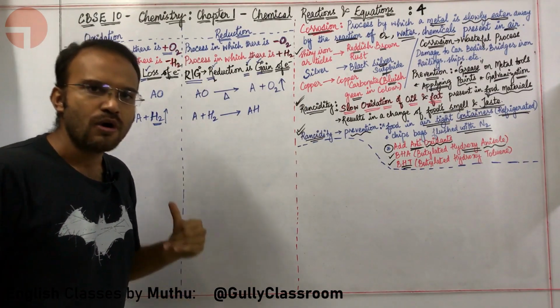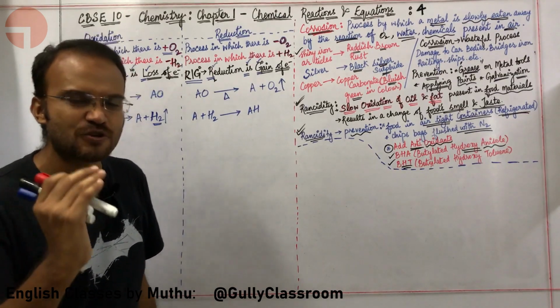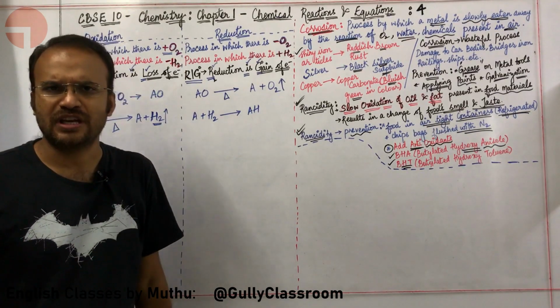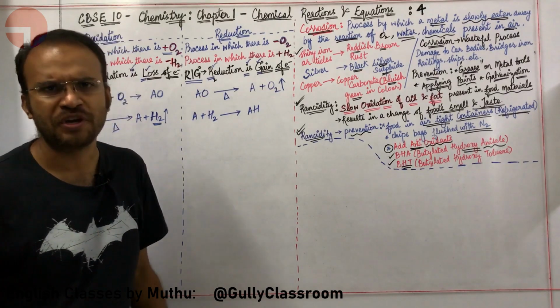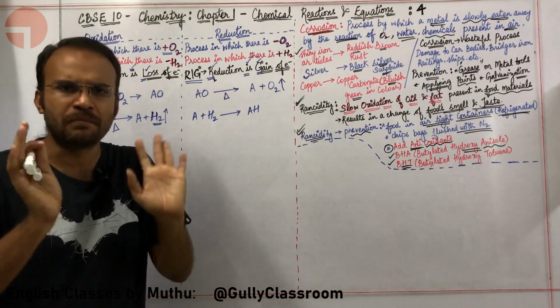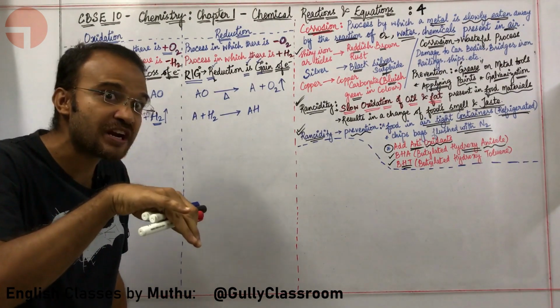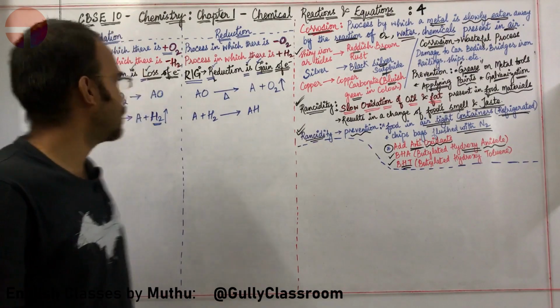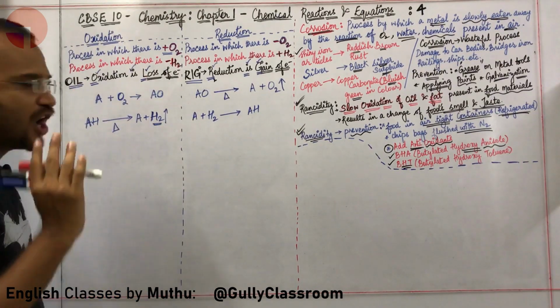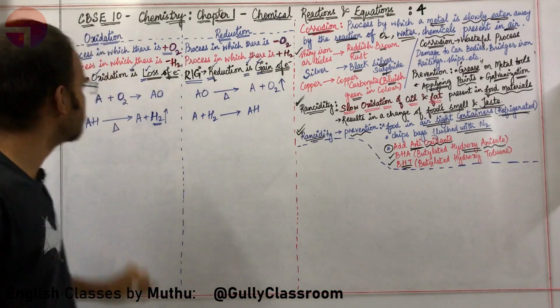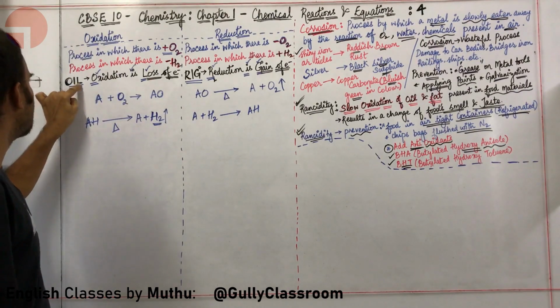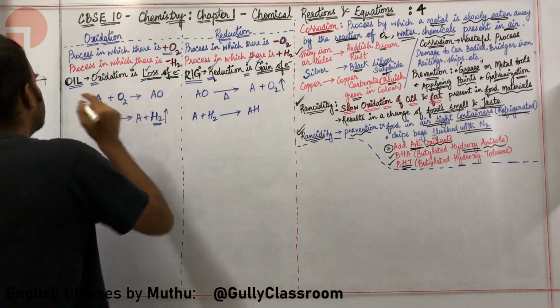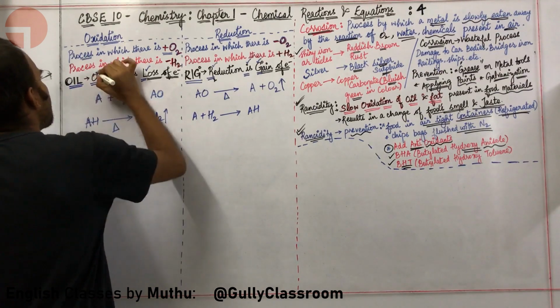Okay, sir. Now, how am I going to remember with respect to electrons? With respect to electrons, there is a very famous mnemonic which we can use to remember. How, sir? OIL RIG. Oxidation is loss of electrons. Here, what is OIL?